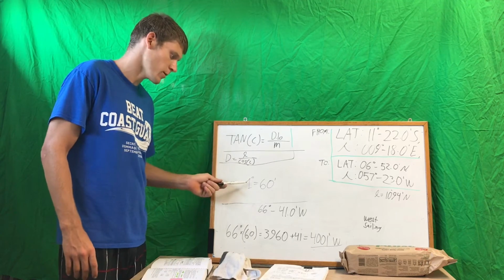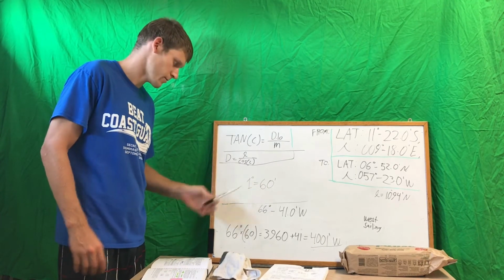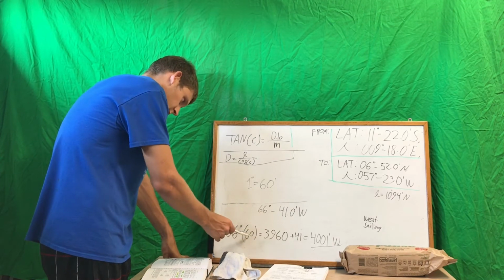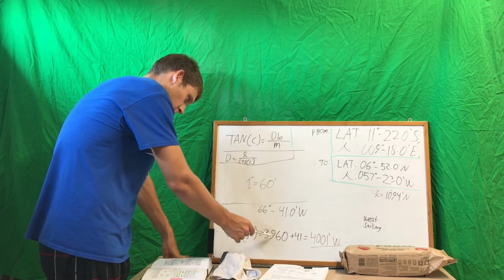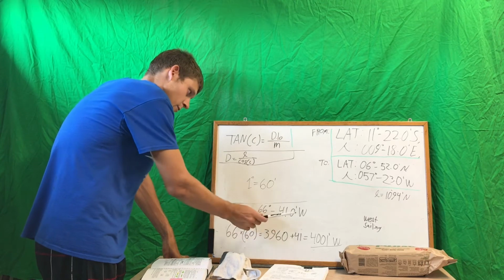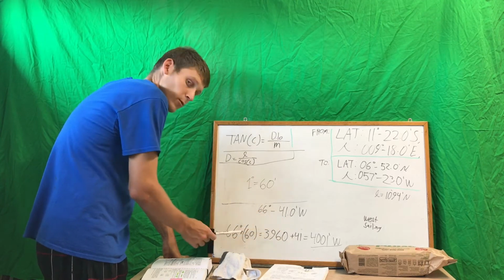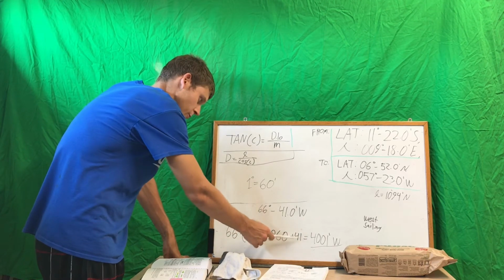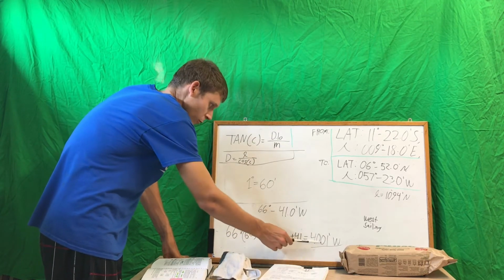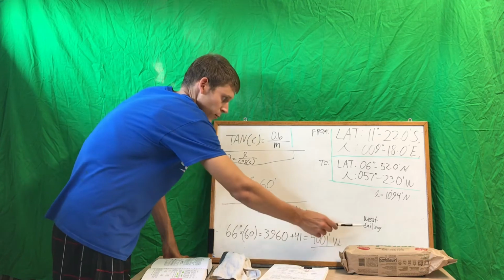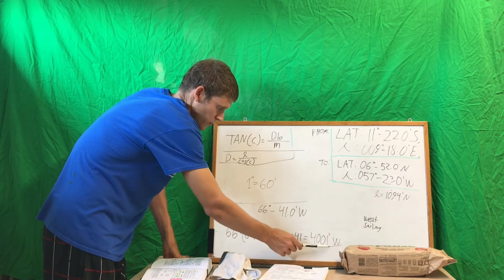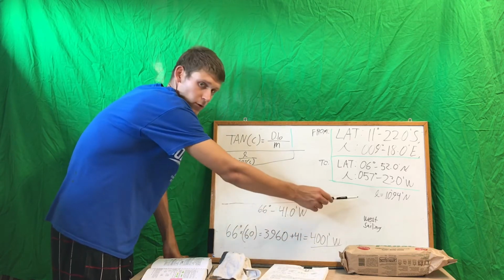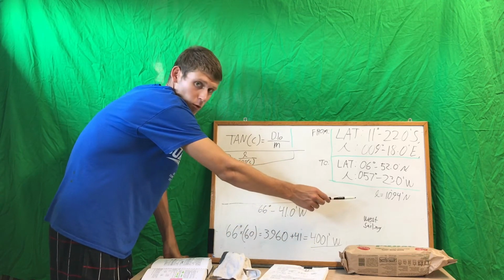So 1 degree is 60 minutes, so we need to times 66 by 60, which gets us 3,960. Then we have to tack on the 41 minutes, so 3,960 plus 41 is going to get us 4,001 minutes. And remember, we were west sailing, so 4,001 minutes west. Get that down and put your difference of longitude on a note in the corner.